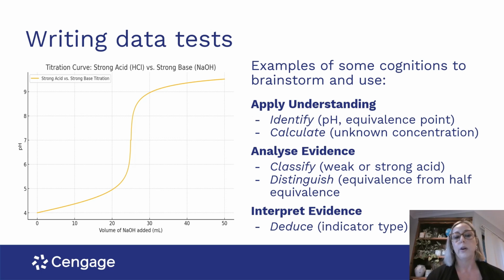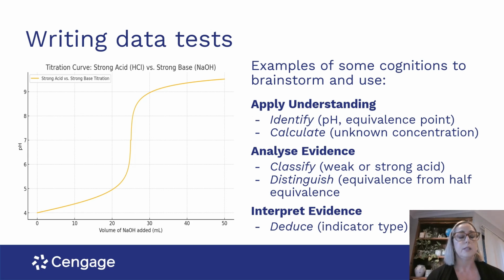And what do we need to identify? We could identify pH at equivalence point. We could identify pH at half equivalence. There's a few things that we could choose. Calculate, so obviously with a titration, we can calculate an unknown concentration based on a titration graph. Analyzing evidence, we could classify this curve as strong or weak.